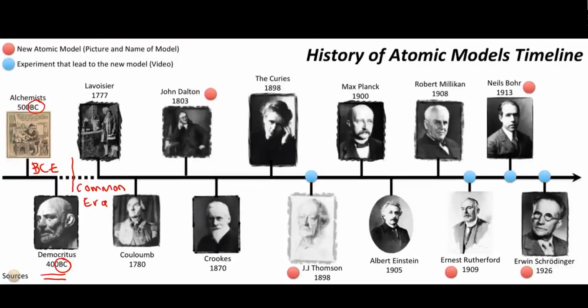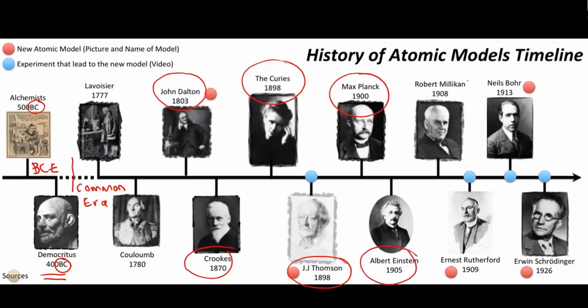Lavoisier, he was French. Coulomb, you might know that word. John Dalton. Crookes. The Curies, we're going to have a quick look at the Curies. J.J. Thomson, he was really important. Max Planck. We're starting to get now into the 1900s. That was over 100 years ago. Albert Einstein, I'm sure you all know about him.